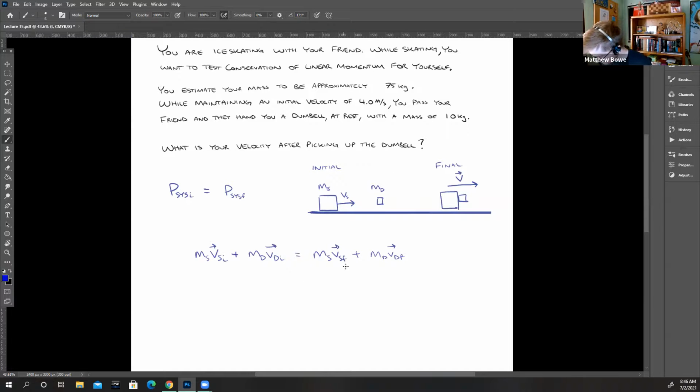So on the final side, we could say that the velocity of the skater is equal to the velocity of whatever the dumbbell is moving at.